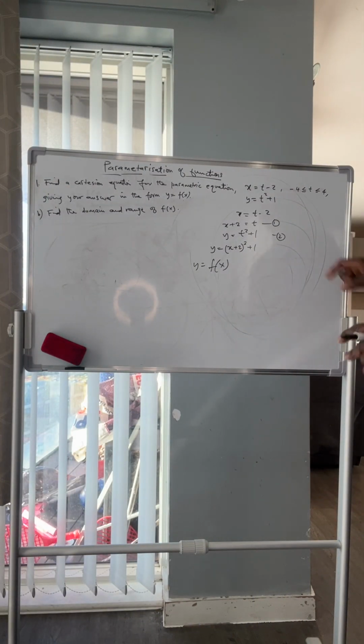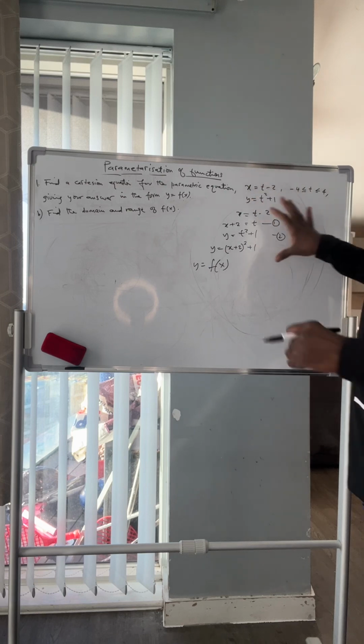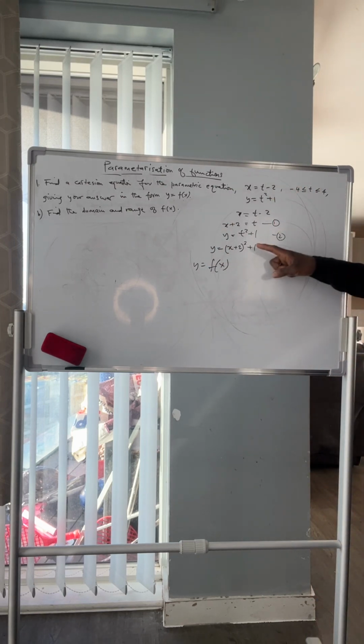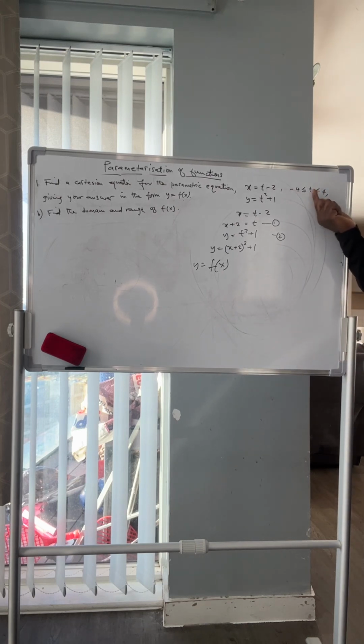Now, because you want to get rid of t from this parametric equation, we have a value here. The values of t are given here between minus 4 and 4.